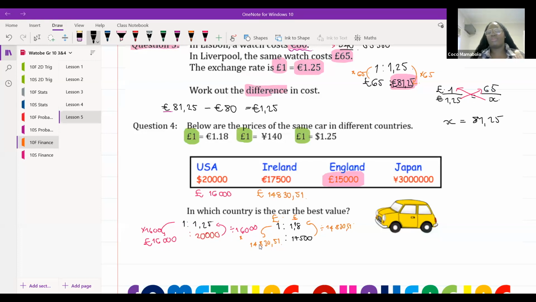All right, you want to just finish it off? Go ahead and go to the different one. So it's going to be Japan. We're going to use the yen now.